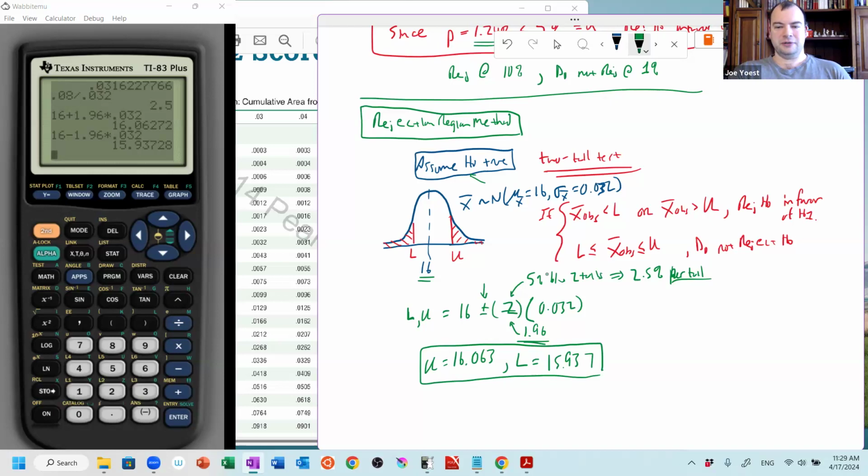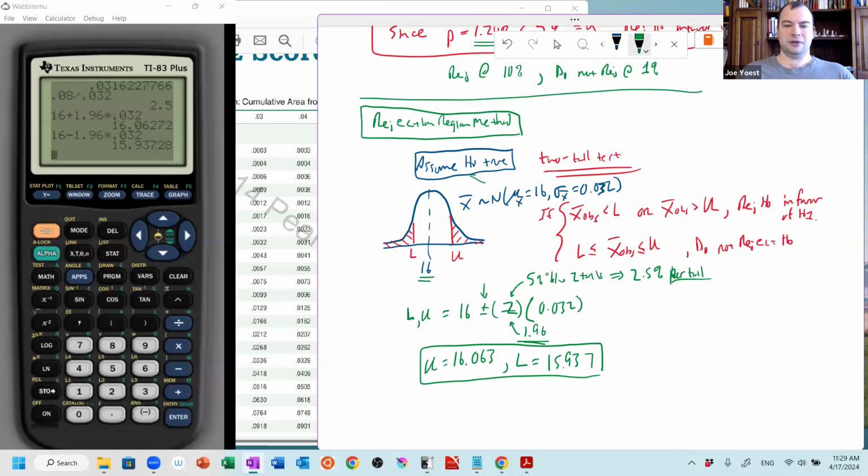If X bar observed is less than 15.937, or if X bar observed is bigger than 16.063, then my sample mean is too far away from the null hypothesized mean. I reject H naught in favor of H1, conclude the true mean fill volume is no longer 16, shut down the machine and recalibrate.